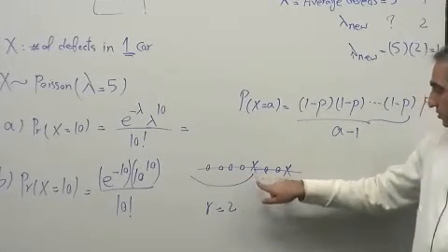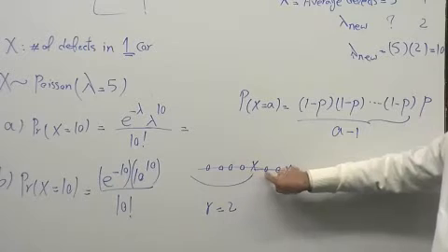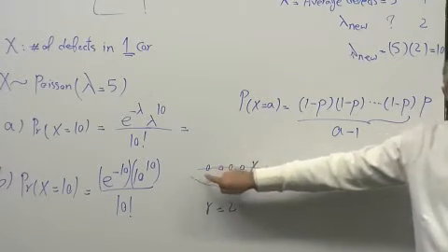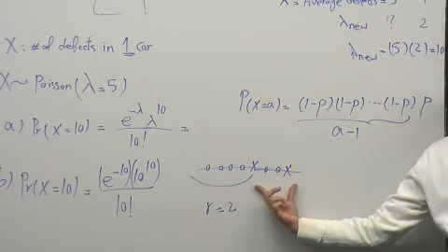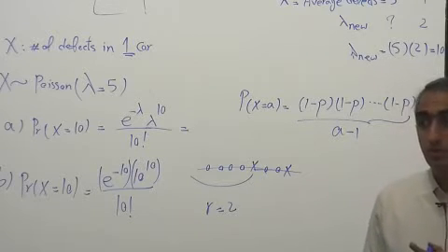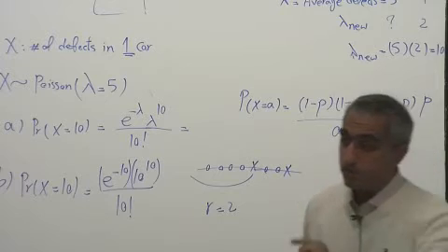R is 2, so I stop after 2 successes. So 1, 2, 3, 4, 5, 6, 7, 8 experiments. I did 8 experiments until I observed 2 successes. That follows a negative binomial. Any questions? X is the number of trials, not successes. Exactly. R is the number of successes.